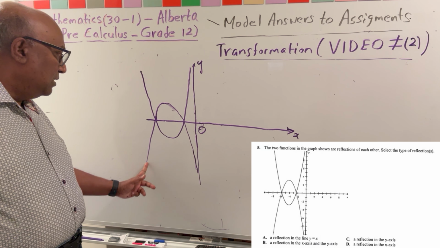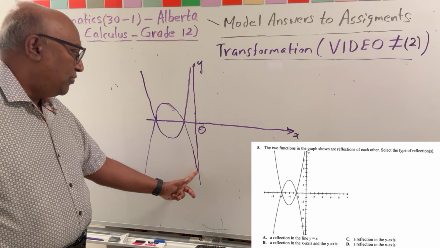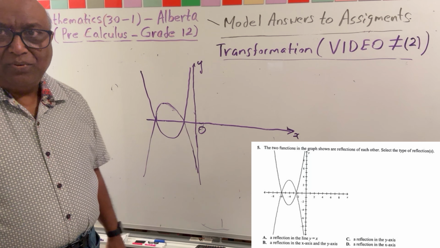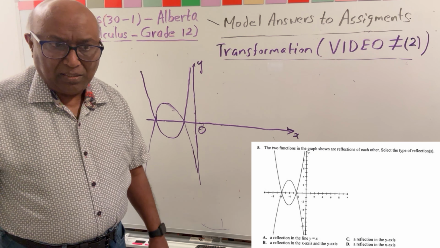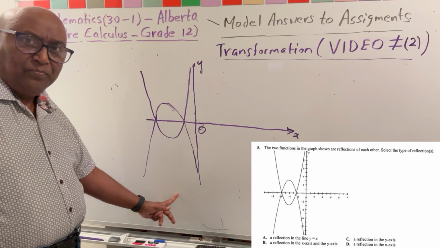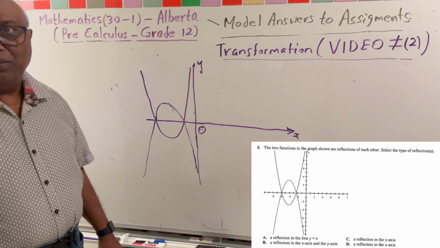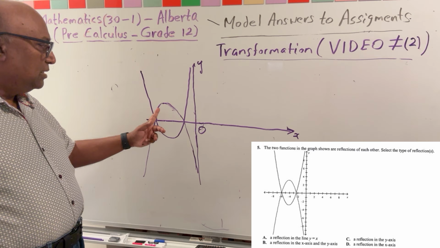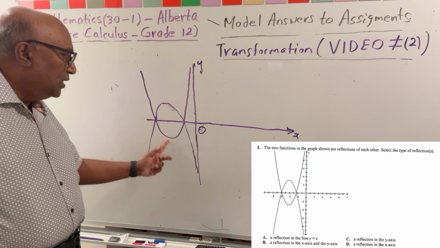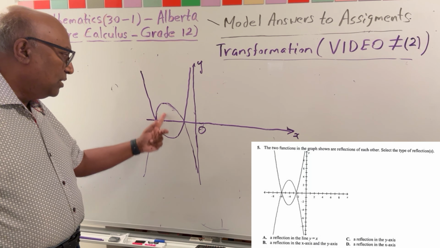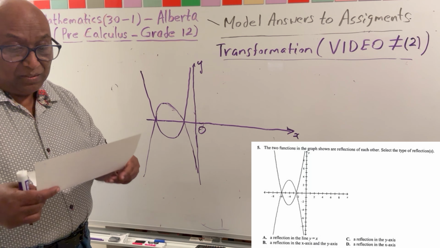That means the inverted graph, the graph which opens down, is the reflection of the graph which opens up. In other words, the graph which opens up is the reflection of the graph which opens down about the x-axis.